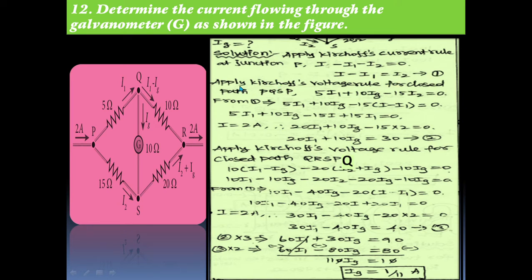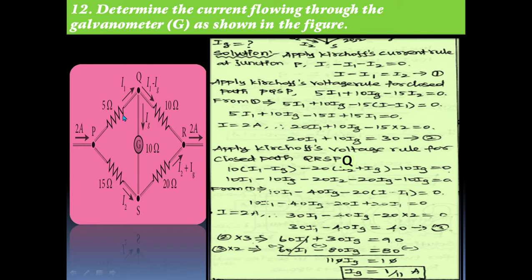Next, apply Kirchhoff's voltage rule for a closed path. So what is the rule for Kirchhoff's second law? The algebraic sum of the product of the resistance and the current is equal to the algebraic sum of the EMF in the closed circuit. Here we consider the closed circuit path PQSP.